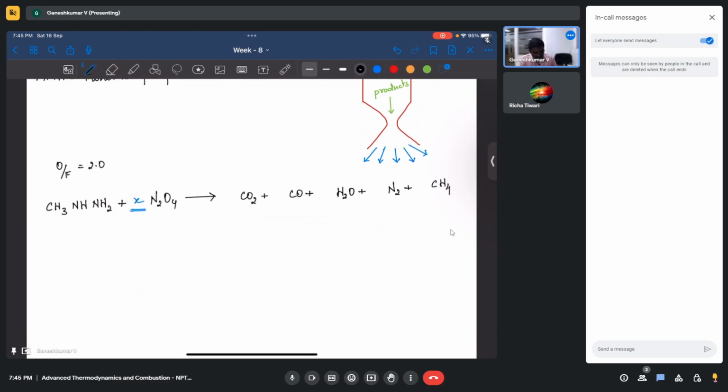This is a methyl group. If you ask me, I would write O2. Why not? I would write O. I would write H.